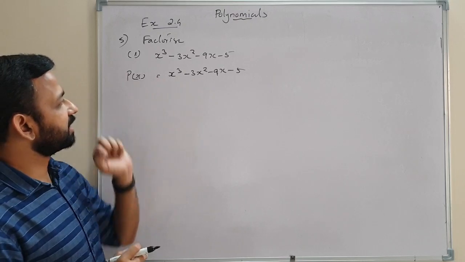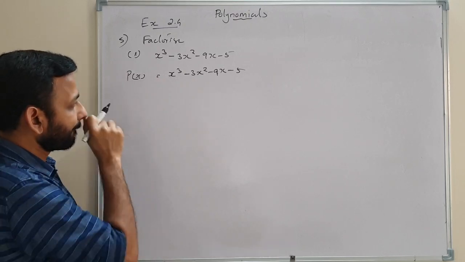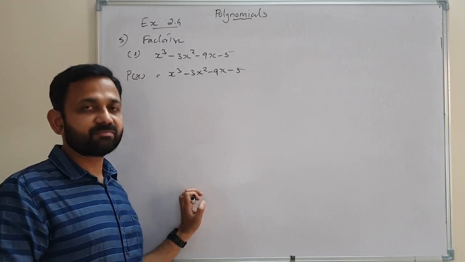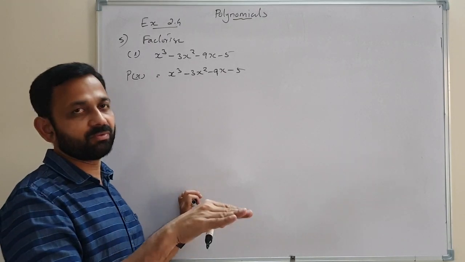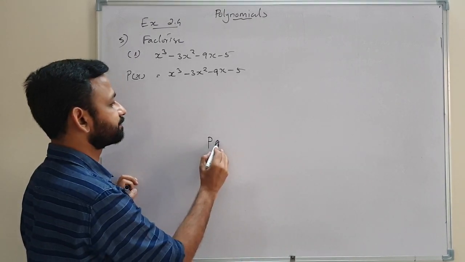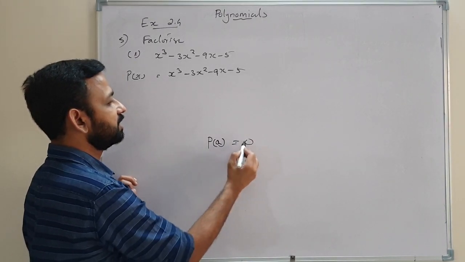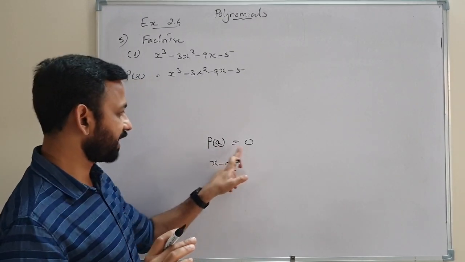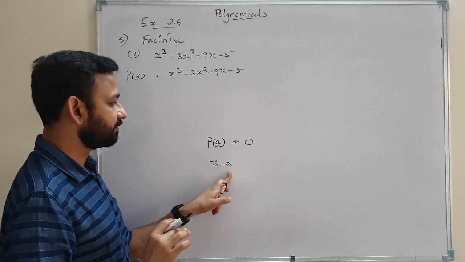When we find the factors of the polynomial, first we have to find the remainder. Suppose p of a equal to 0, then x minus a is a factor. That is the factor theorem. If p of a equal to 0, x minus a is a factor.